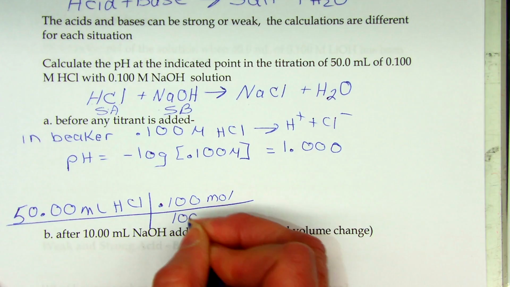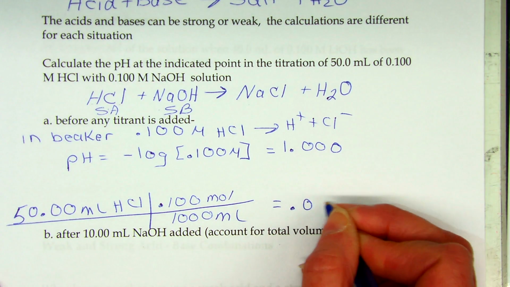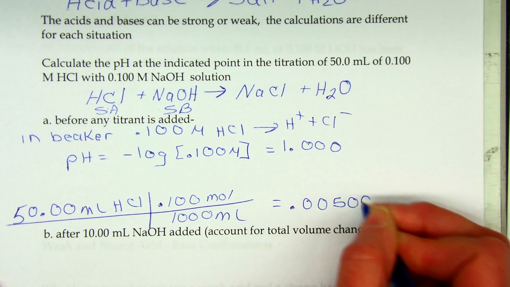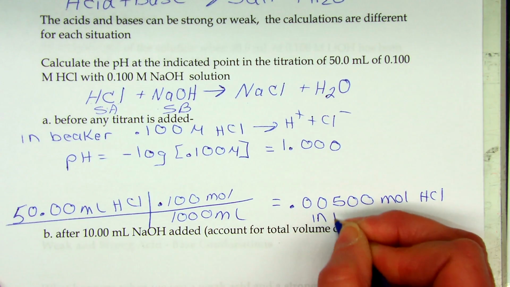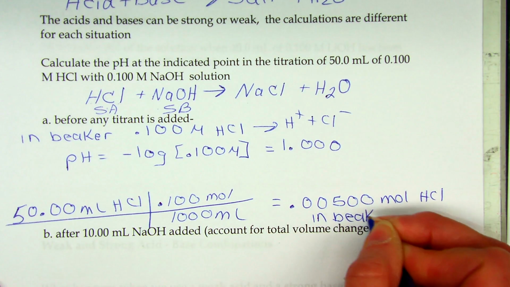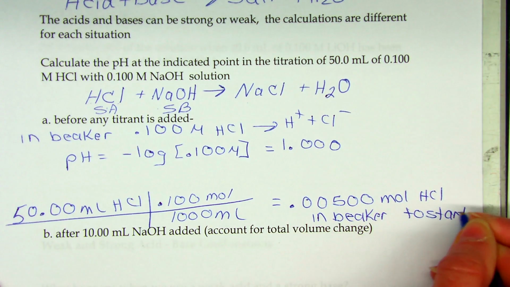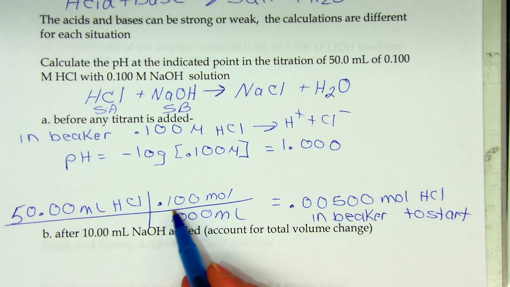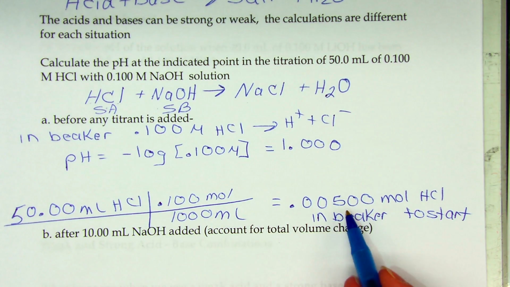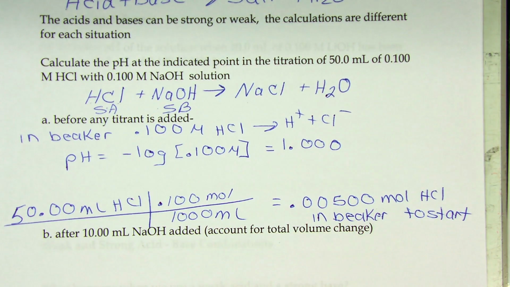A liter is 1,000 mils. So I had 0.00500 moles of HCl in the beaker to start. And that's important. What else is important mathematically is significant figures. I have 3 sig figs in my 0.1 molar, so make sure you add those tailing zeros and that you're able to pay attention to your significant figures in this.